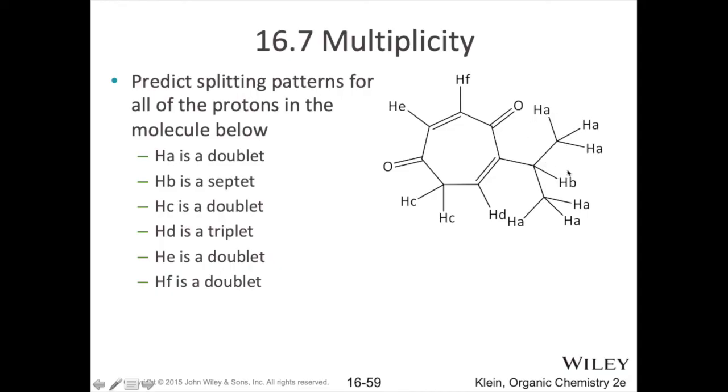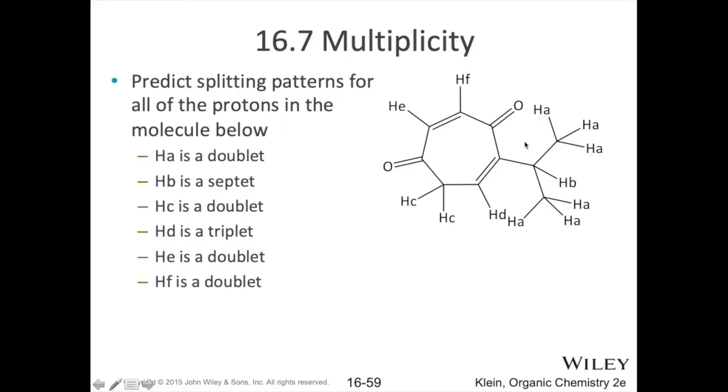So hydrogen A is split into a doublet because there's only one hydrogen B. Remember that n+1 rule. So there's only one hydrogen B, so it splits HA into doublets. Now, there are 6 hydrogen A's, which is why hydrogen B then is split into a septet. So again, n+1. You've got 6 HA's, so the multiplet you're going to see is going to have 7 peaks within it.